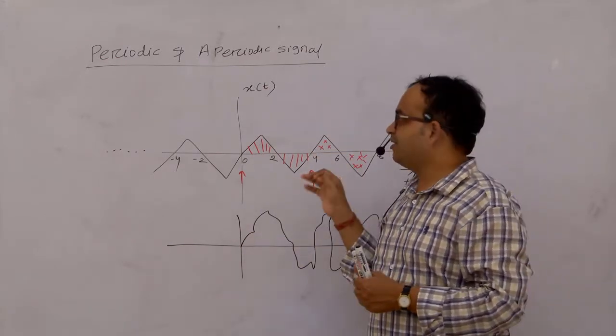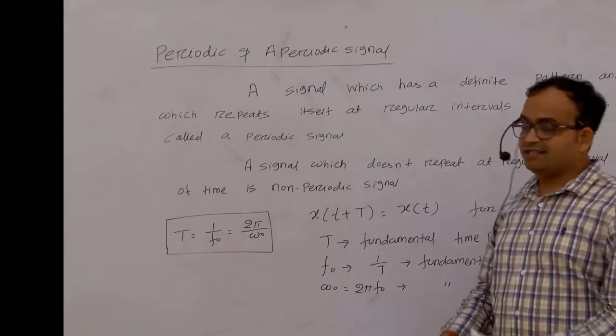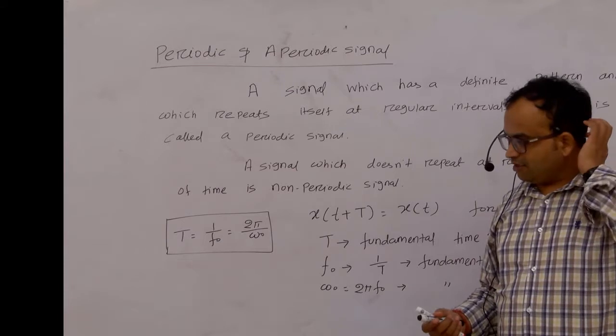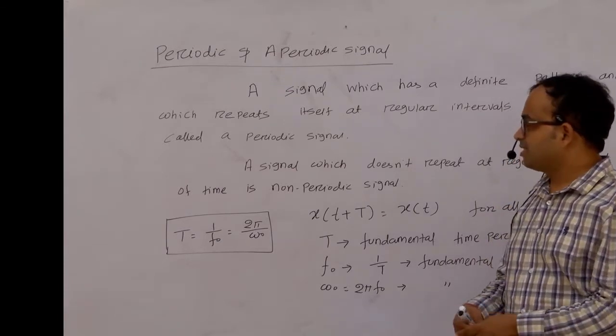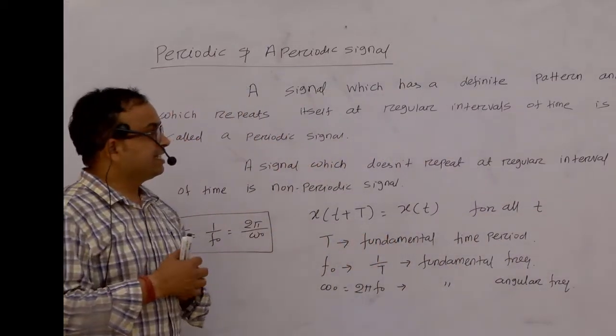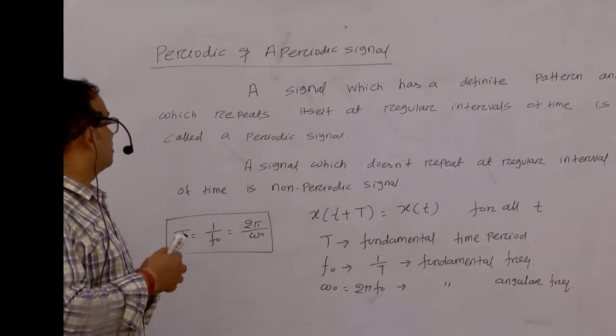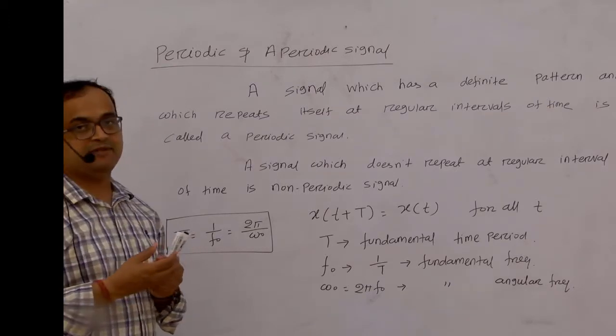So let us see the proper definition of the periodic signal. Whatever I told, the same thing is there. A signal which has a definite pattern and which repeats itself at a regular interval of time is called a periodic signal.